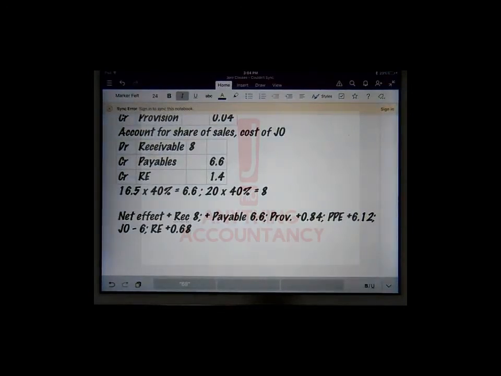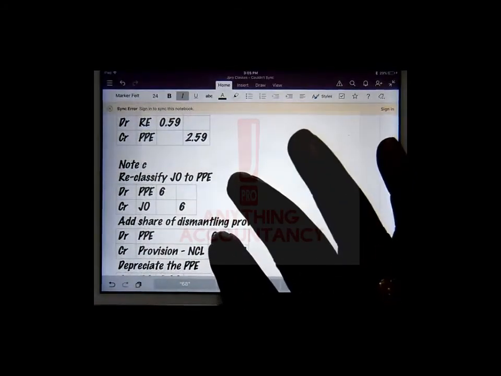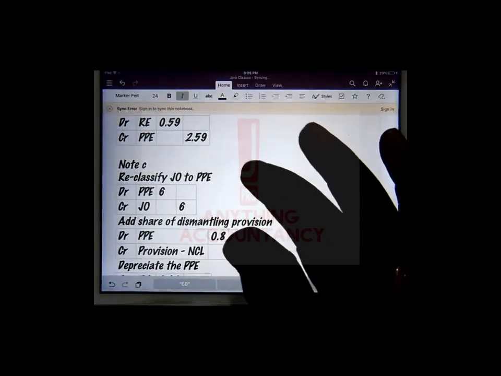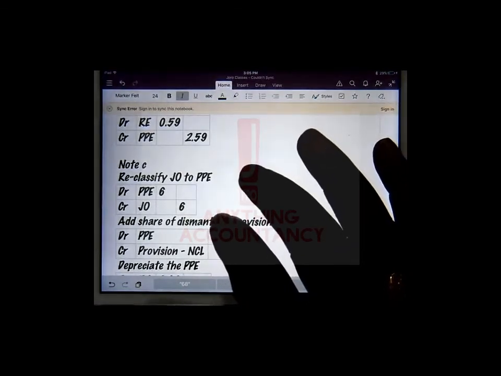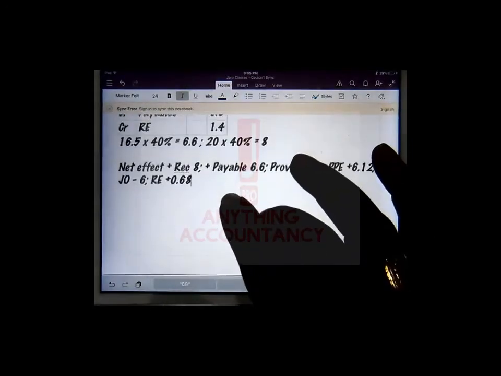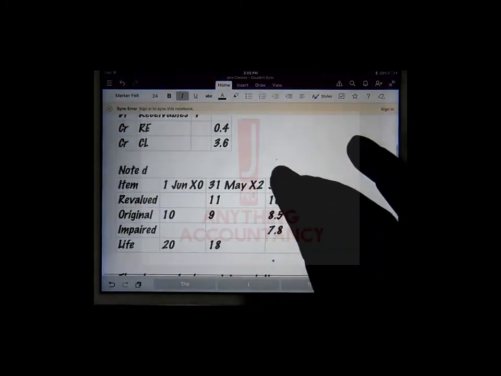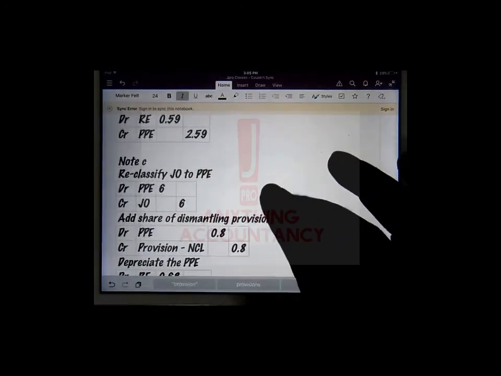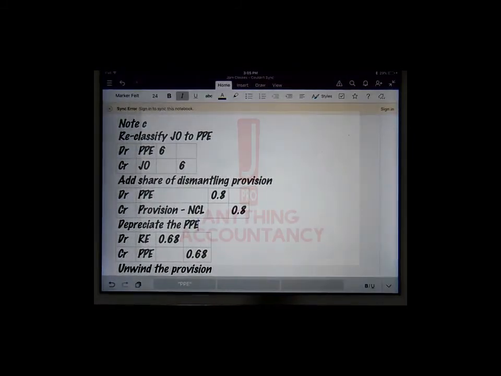How do I get the depreciation? Depreciation is, you see this one? 6 must plus 0.8. Got it? Depreciation is 0.68. You know how to get 0.68?